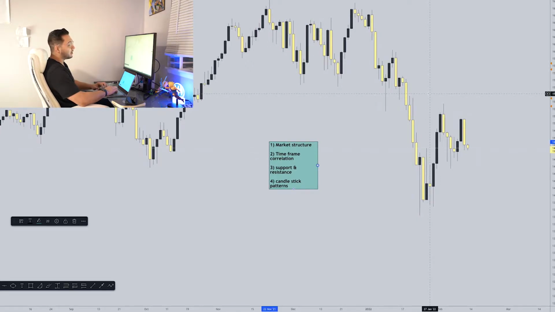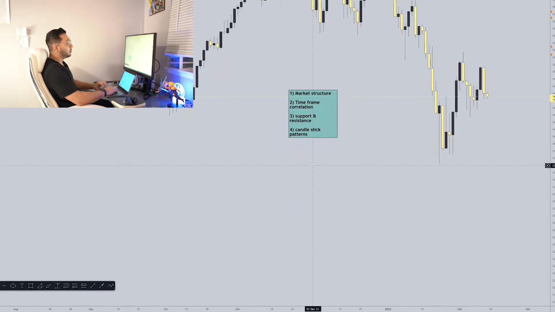For example, if the market is going to continue in the direction it is, or if there's going to be a momentum shift, a change of direction. You have to understand what's happening using time frame correlation and knowing what time a particular asset or candle is moving in order to take advantage of certain trades and movements in the market.